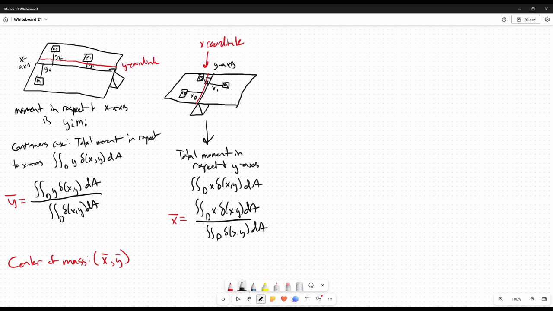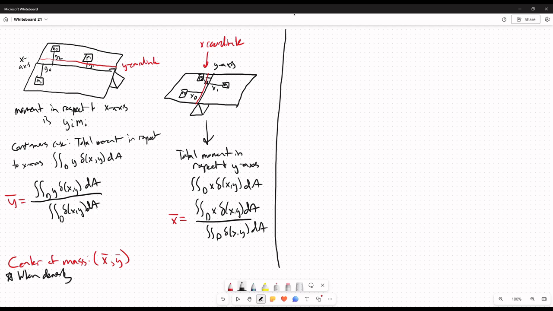So with that in mind, let's just do a quick example. And there's a good thing we want to talk about. The center of mass is a problem we'll be finding when density is uniform.